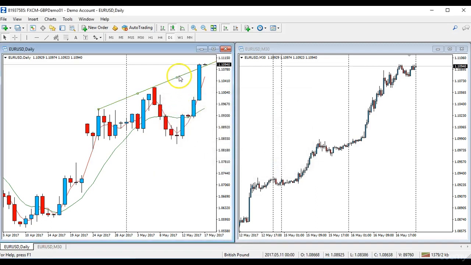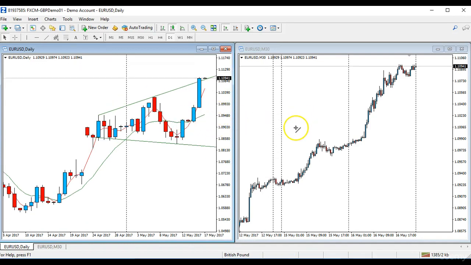okay, we're now on the euro US dollar. We now have a widening pattern, okay, and the reason why patterns work, to be honest, I don't know why they work, and I don't think anybody could tell you really why they work. The only thing I would tell you is that there's an expectation.